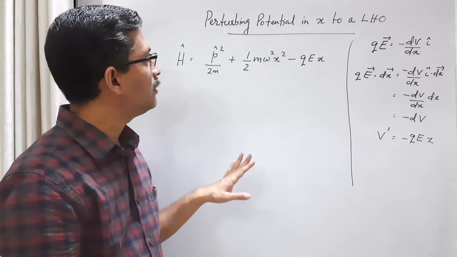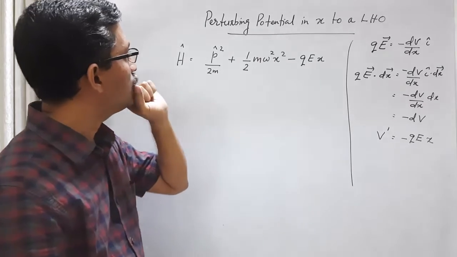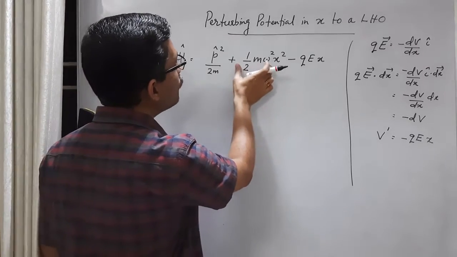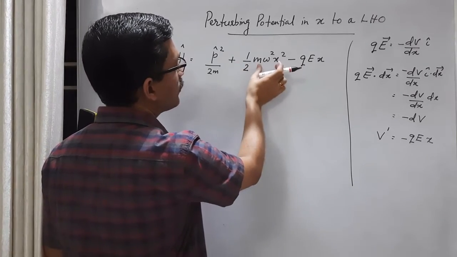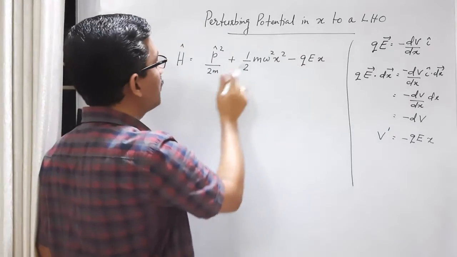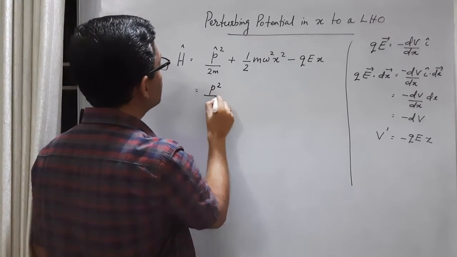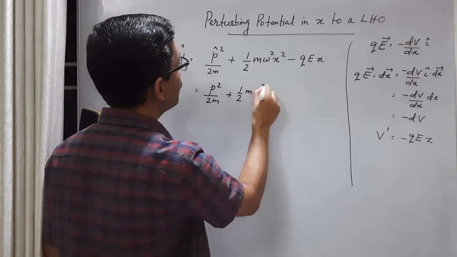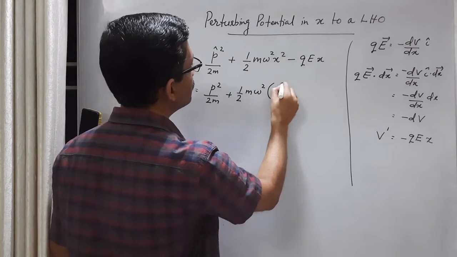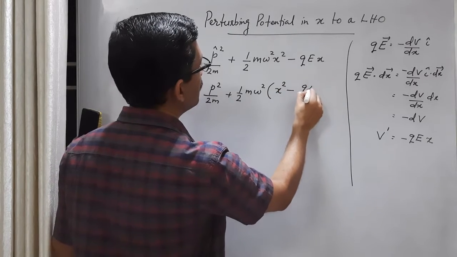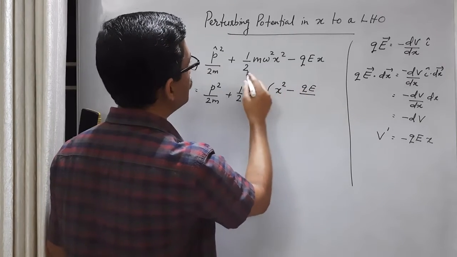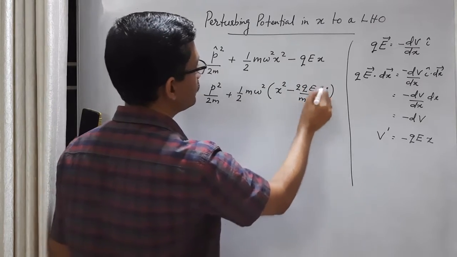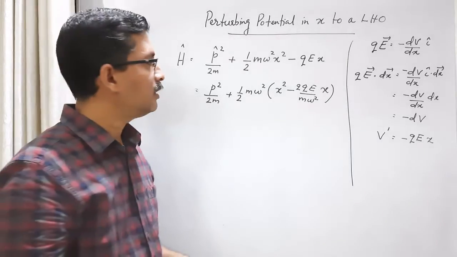Now before going to that, I am going to rewrite this Hamiltonian this way. Suppose I take half m omega squared outside from this term and this term, commonly. So you can write this as p squared by 2m plus half m omega squared times x squared minus QE by 2, going to the numerator, m omega squared x.